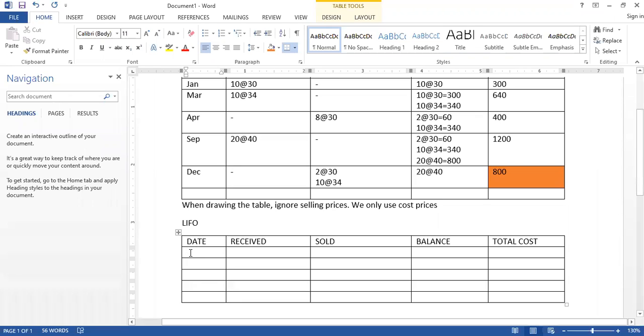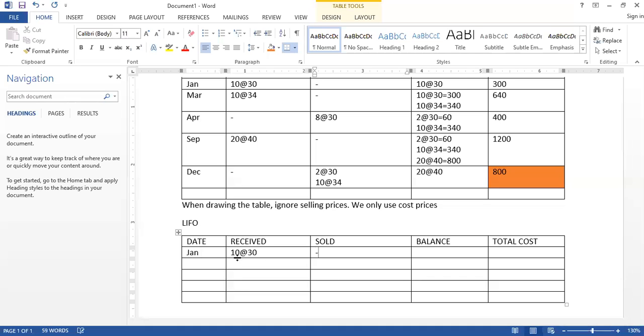So what you do, you look at the month. The first month is January. So January, what did we do in January? We bought items. How many items? We bought 10 items at the price of $30. So we did not issue out anything.